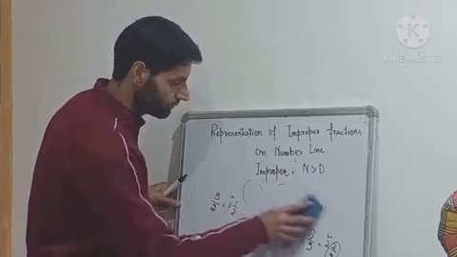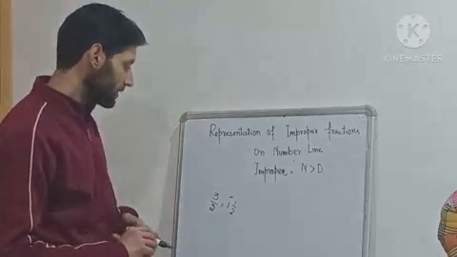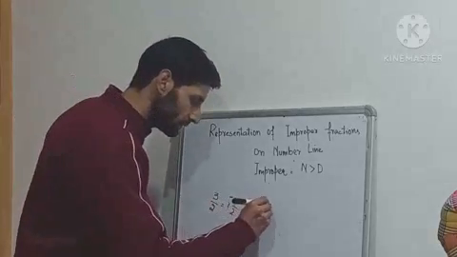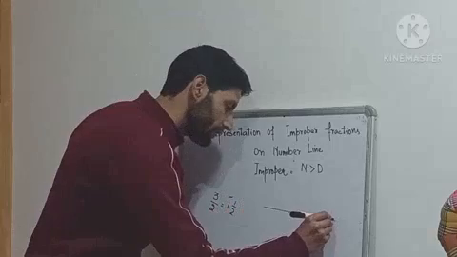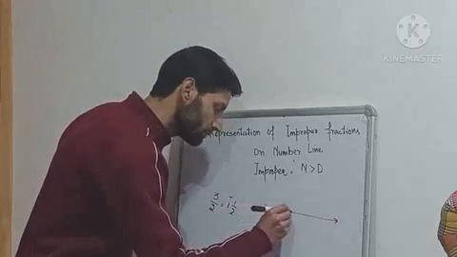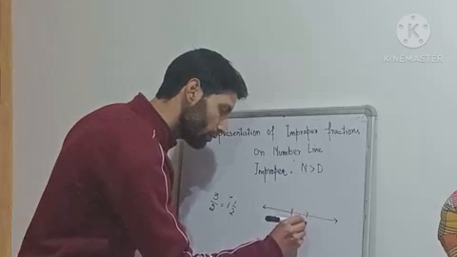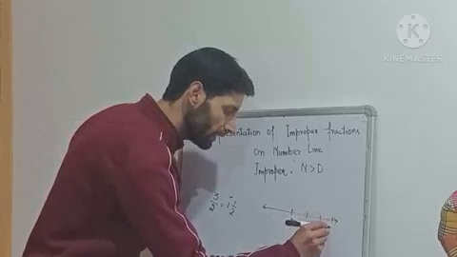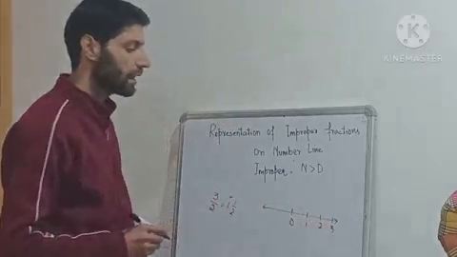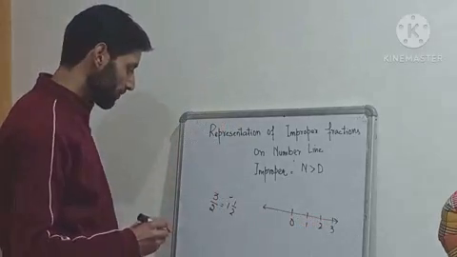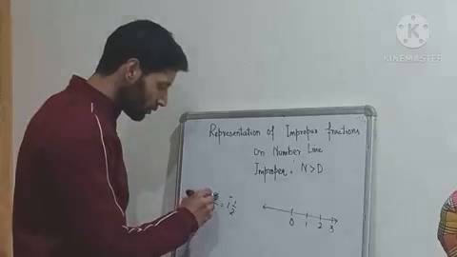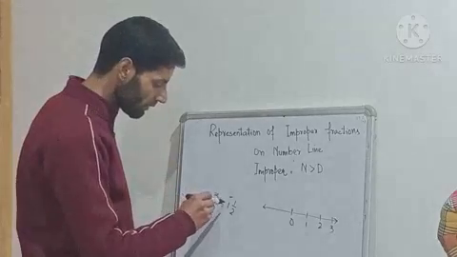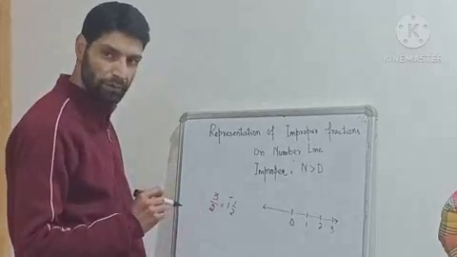First, let us represent 3/2 on number line. This is number line, 0 1 2 3, and similarly on the left side -1 -2, etc. So 3/2 contains 1 and 1/2.